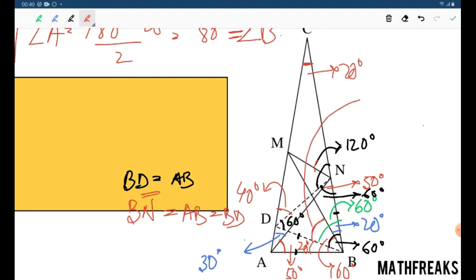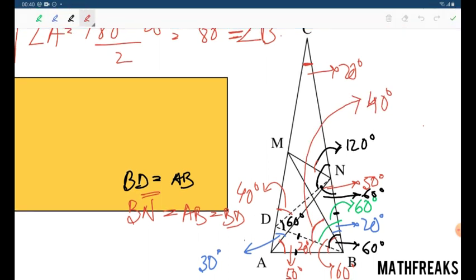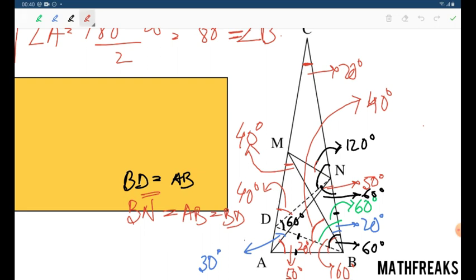This red part is 40 degree, and this angle is also 40 degree. This angle is 40 degree by angle sum property or exterior angle property. How exterior angle property? Since this angle is 20 degree, this angle is 20 degree. 20 plus 20 is 40 degrees.